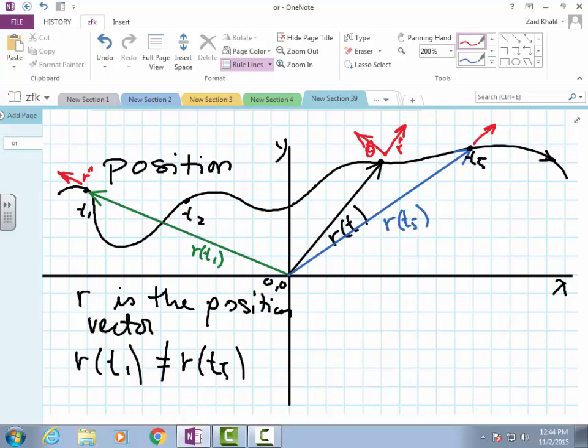In Kansas, otherwise known as the Cartesian coordinate system, your unit vectors always point in the same direction. In other words, which way does i hat point? That way. Which way does j hat point? That way. But notice if you're here, r hat points this way and theta hat points this way. But if you're here, r hat points that way and theta hat points that way.